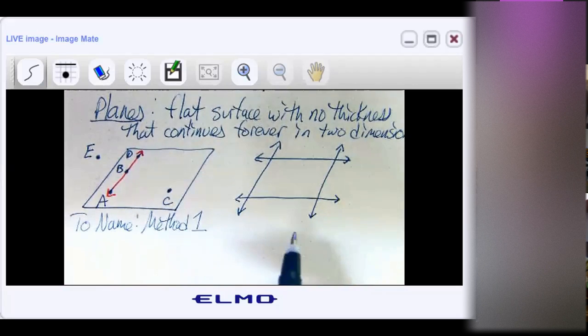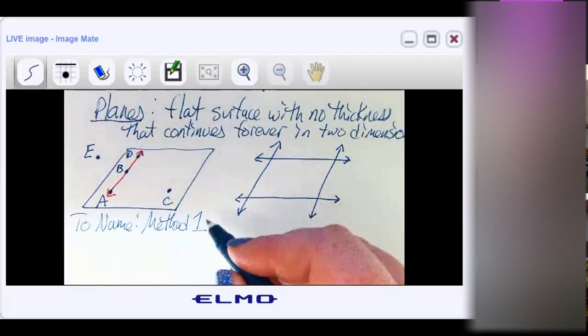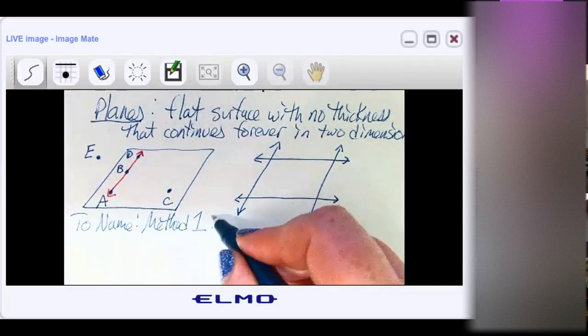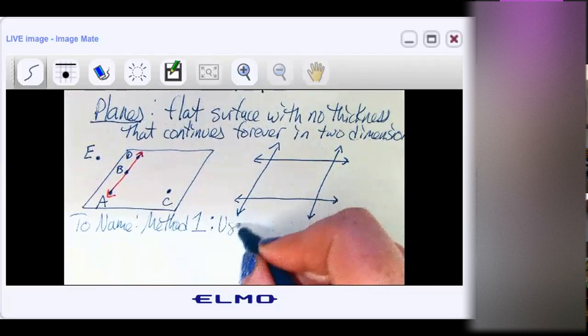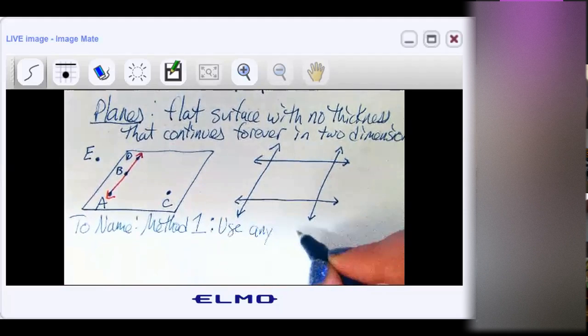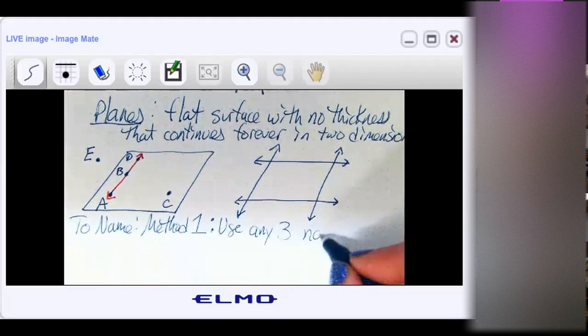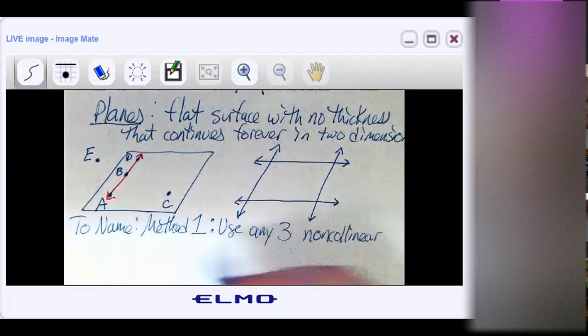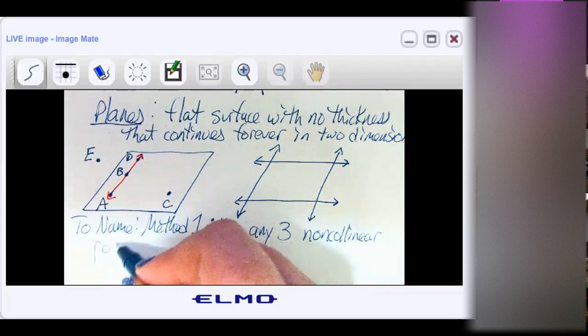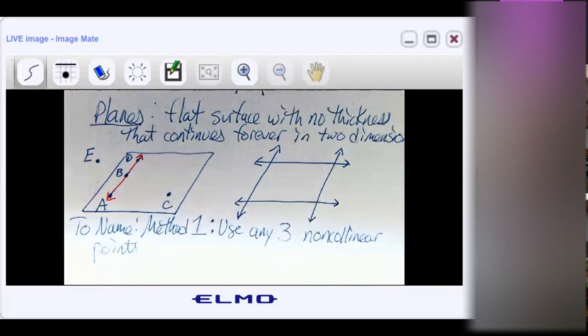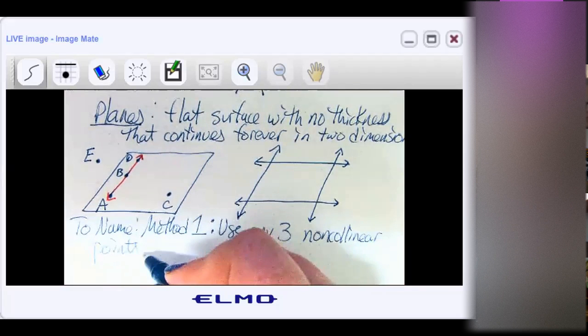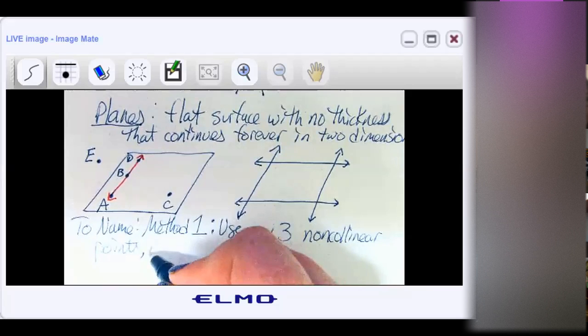I mean, you can do either one. So the first way is to use any 3 non-collinear points. What in the world is a non-collinear point? And I'll add in any order.